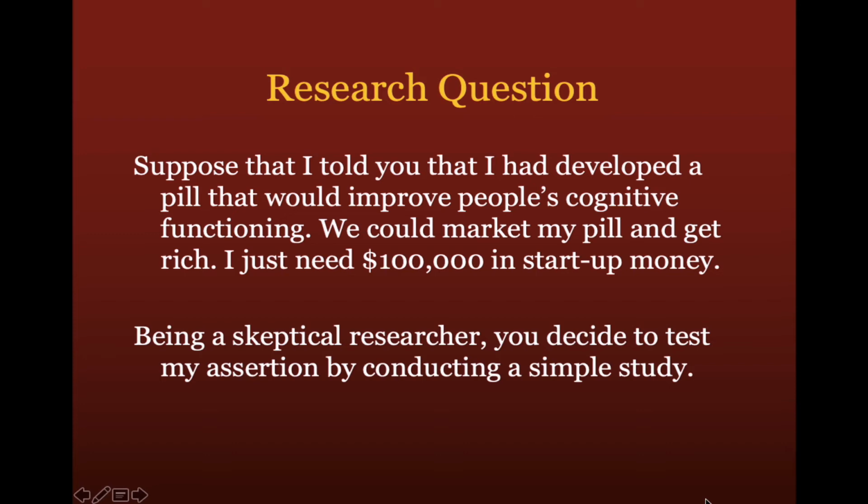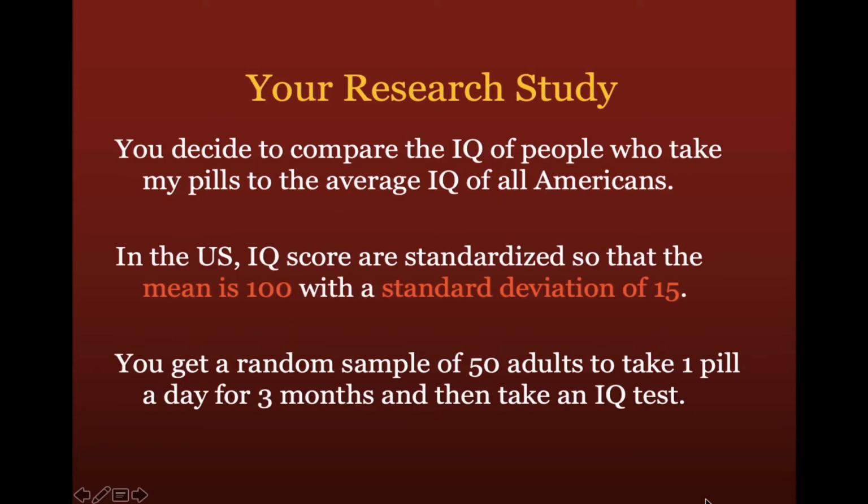Now, assuming that you are independently wealthy and have that kind of money to throw around, I'm assuming you would at least want some evidence that my pill actually worked. So, going with a very simple way of testing whether this pill works, you decide to compare the IQ of people who take my pill to the average IQ of the American population.